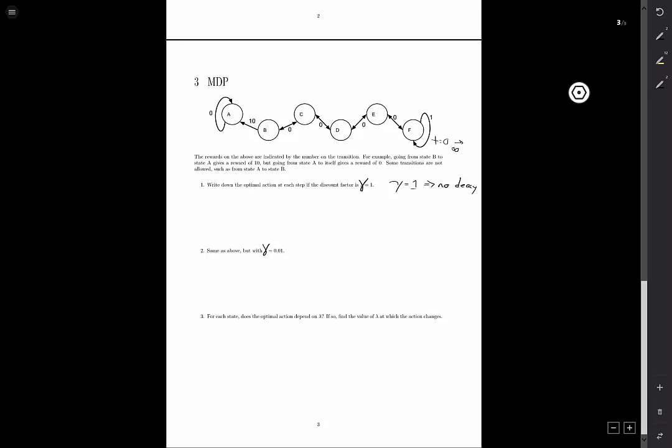Because there's no decay, that's what we want to do. So the answer is, for states B through F, you want to move towards F, and once you're in F, you want to stay there. Now for state A, you have no option. You have to stay there, since that's the only arrow.